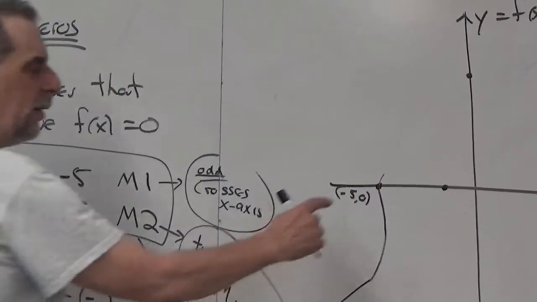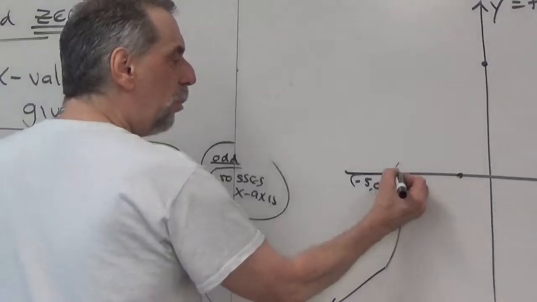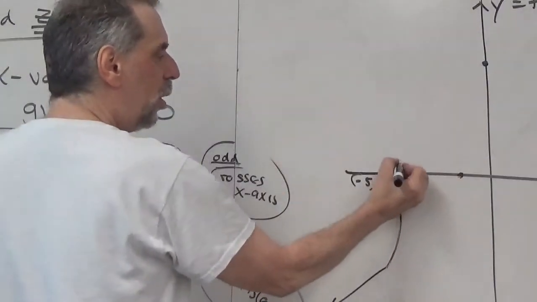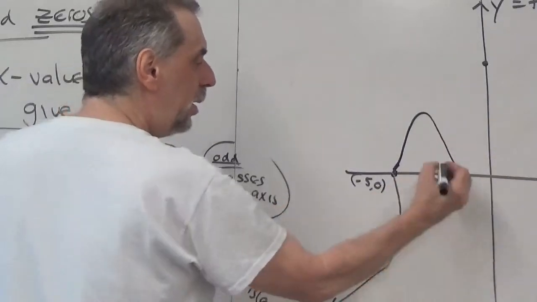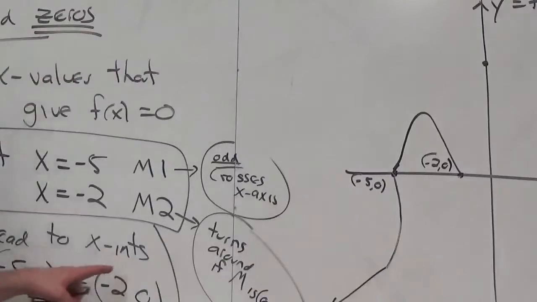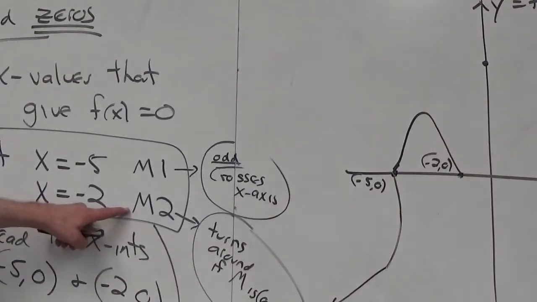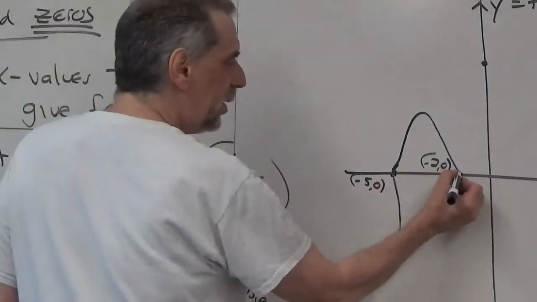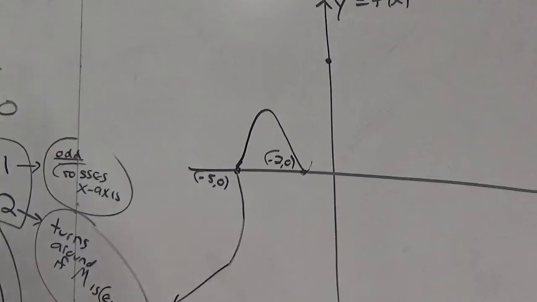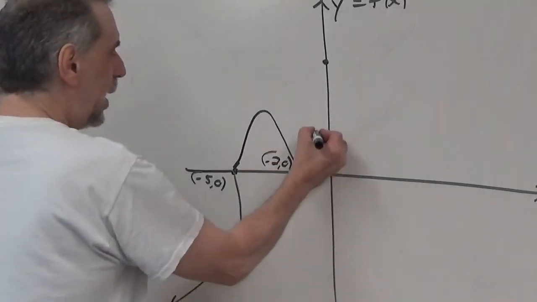Now, we don't know exactly what it does between here and here, but we know it's all positive, right? So we don't know how high it goes, but we know it's all positive until it comes back there to -2. But at -2, it has an even multiplicity, so it doesn't cross, it turns around. So it hits and turns around because of the multiplicity being even, which luckily fits with our y-intercept.